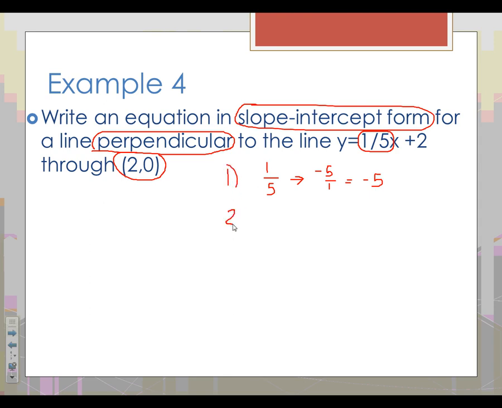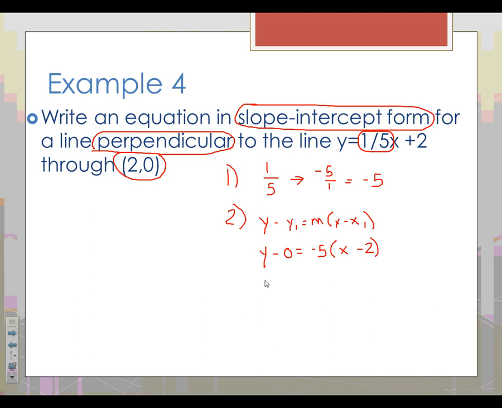So our step 2, just like we did on some previous examples, go with y minus y1 equals m times x minus x1. This is our only point, so that's the one we'll plug in. It would be y minus 0 equals -5, so that's a slope, times x minus 2.